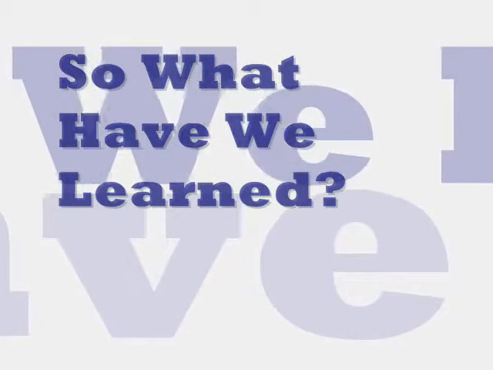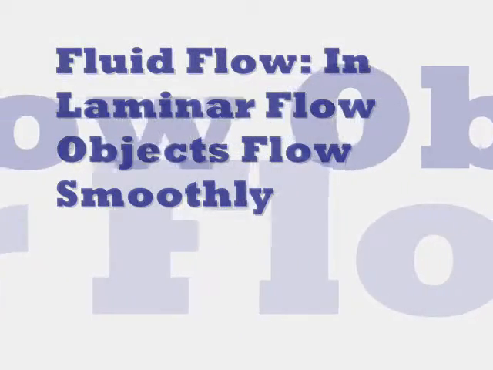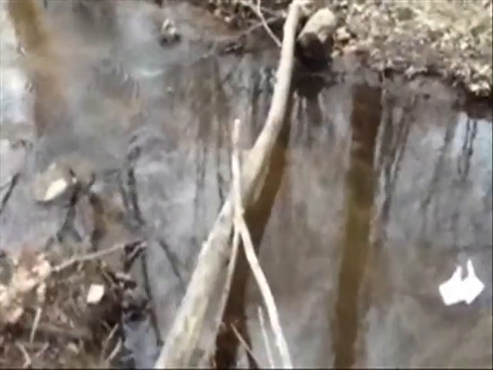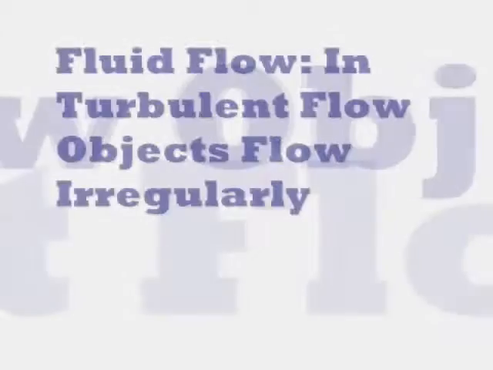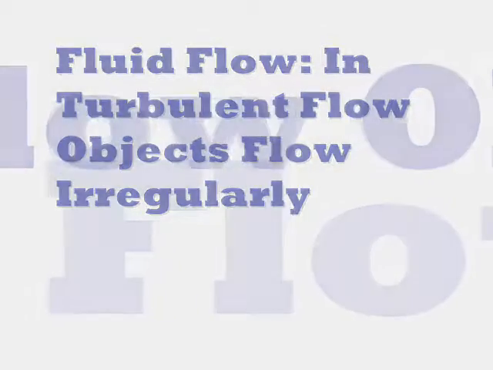So what have we learned? Fluid flow. In laminar flow, objects flow smoothly. Fluid flow. In turbulent flow, objects flow irregularly.